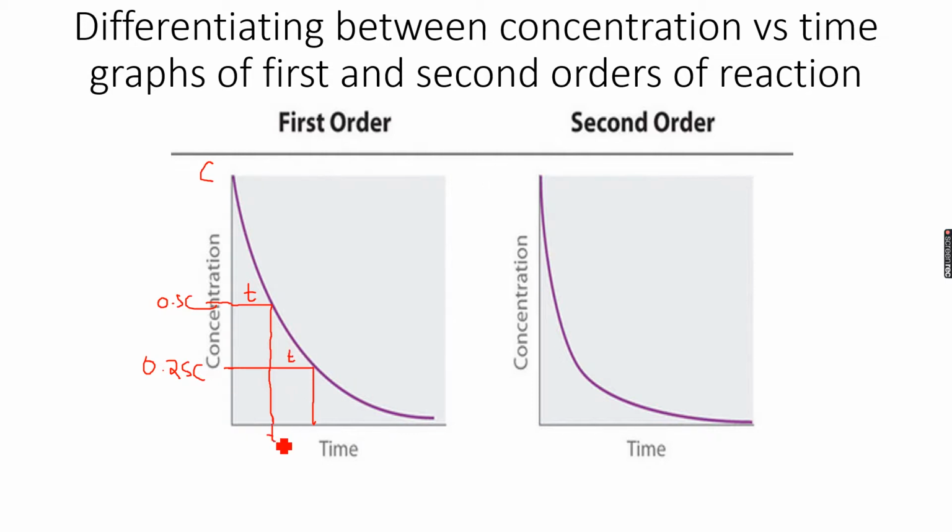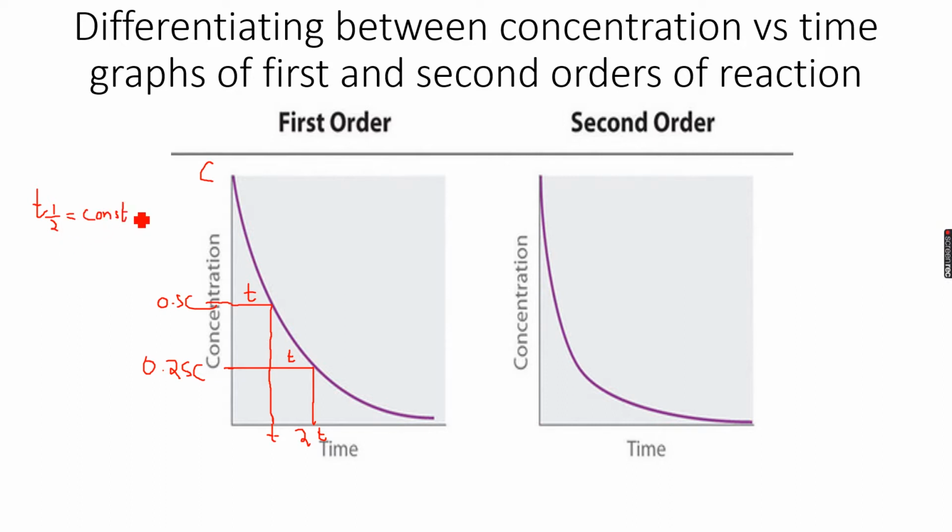So this is T, this is 2T, because it takes T to go from C to 0.5 C, and again takes time T to go from 0.5 C to 0.25 C. As you can see from the graph, this block is equal to this block. So the half-life is constant. For first order reactions, T half, the half-life, is constant.